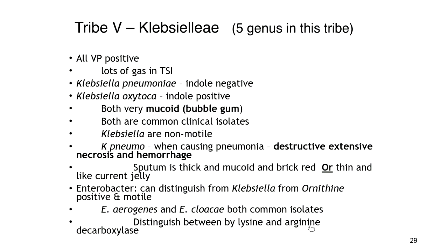I'm not going to ask you for that information on a test. But the main thing with tribe 5, Klebsiella, is to know that there are these mucoid, bubblegum looking organisms in the colonies, and that can be very destructive, extensively necrotizing and hemorrhagic.